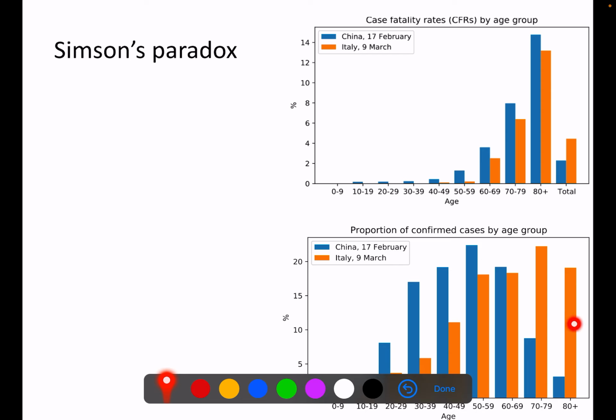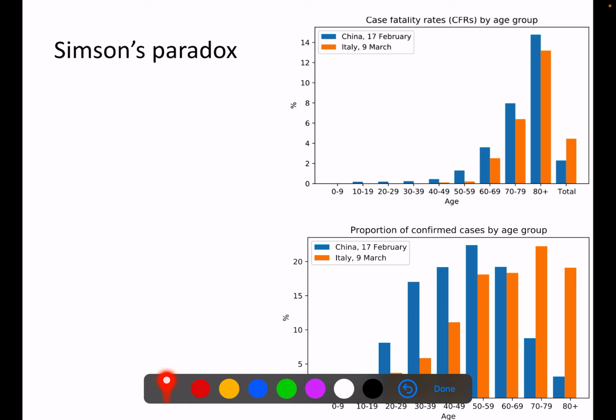And these older patients led to the overall larger fatality rate in Italy compared to China, right? So imagine that in these groups we have 100 patients in Italy here, 100 patients in Italy here, but in other age groups, we have fewer patients in Italy.